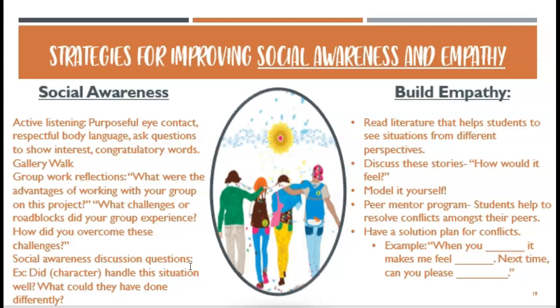Okay. When we're talking about building empathy, the easy way to do this, read some literature that is going to help our students to see situations from different perspectives. Let's think about the story of the 3 little pigs, right? We always feel empathy for the 3 pigs because we see this wolf as this evil villain, but perhaps we could see things from the wolf's side, right?